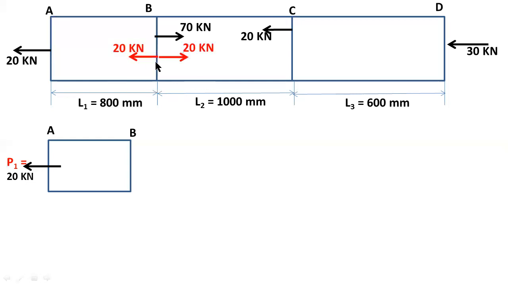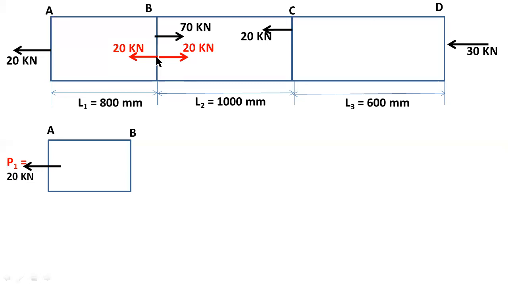I added 20 kilonewtons on the left side and right side. That means there is no change in deformation, because this one is acting to the right and this one to the left. Both are equal and opposite, acting at the same point, so there is no change in deformation or in stress.